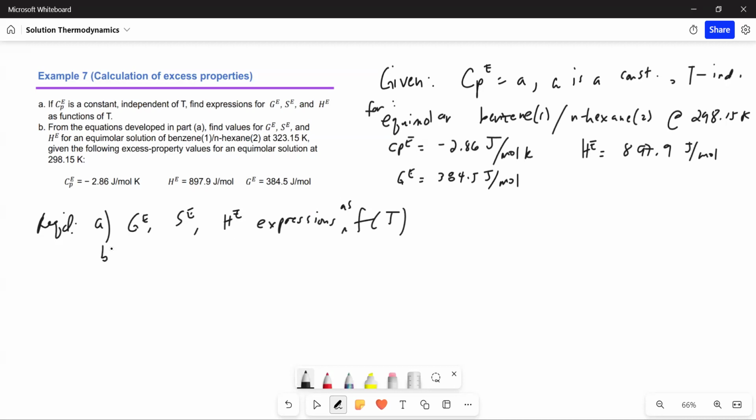And then letter B, they're being asked for the actual values of GE, SE, and HE at T equal to 323.15 Kelvin. Okay.